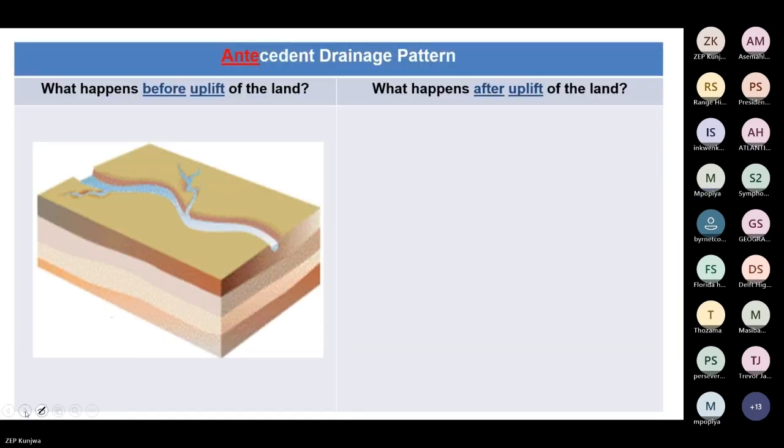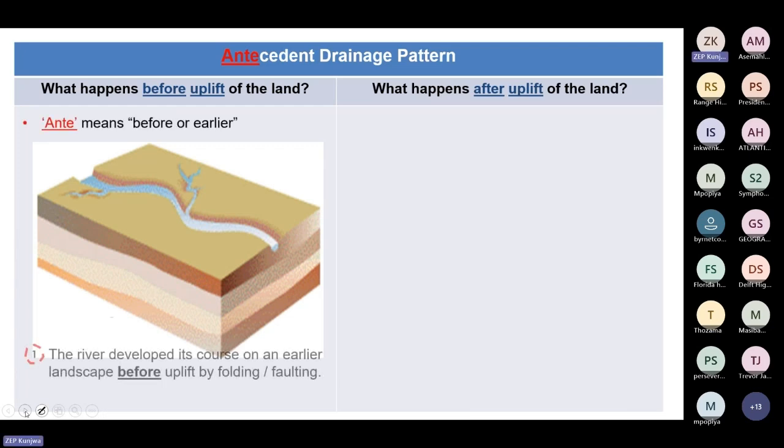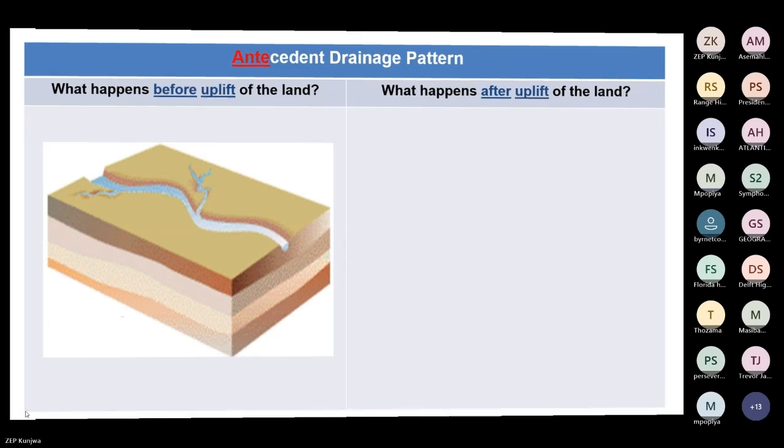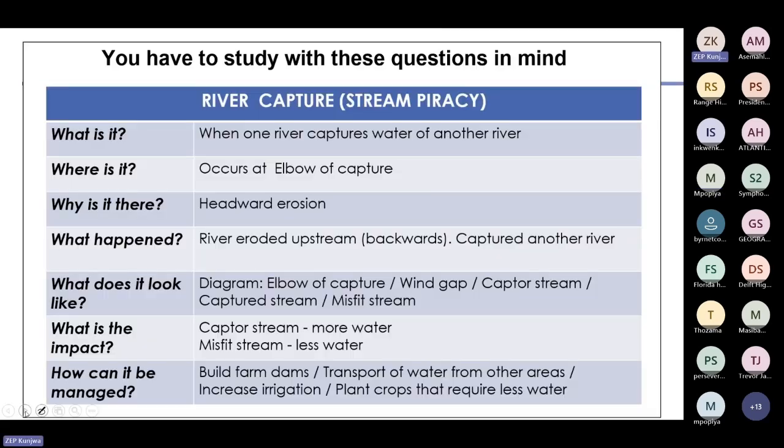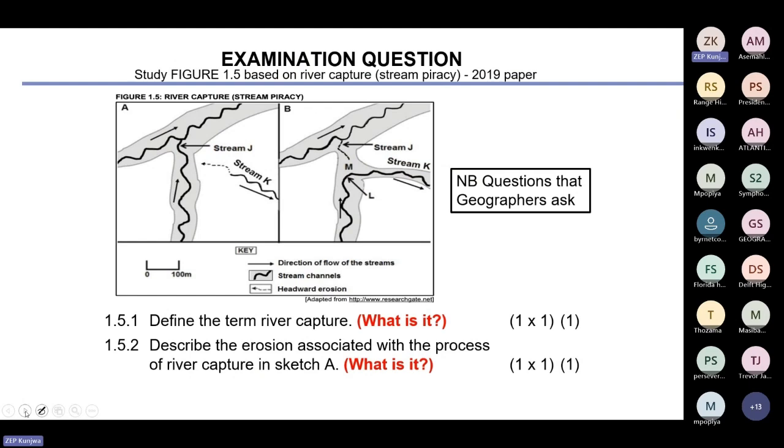Mr. Kunjwa, I think you can do the first 3 questions. Let's define the river capture. This is the process where the more energetic stream steals water from the other, the less energetic river.